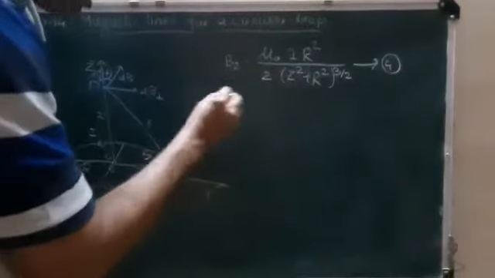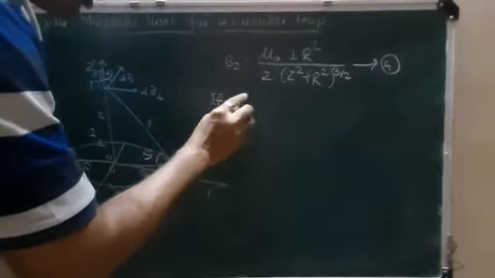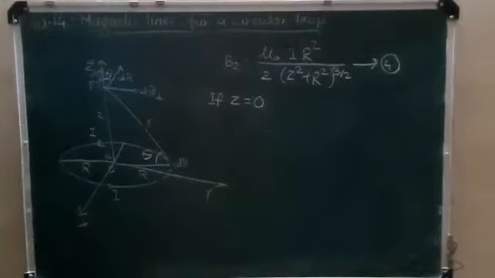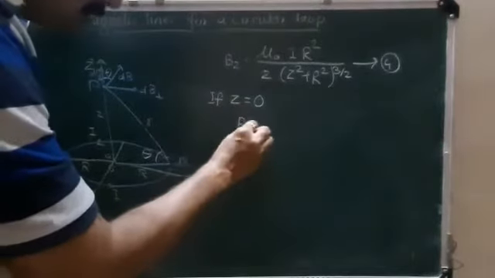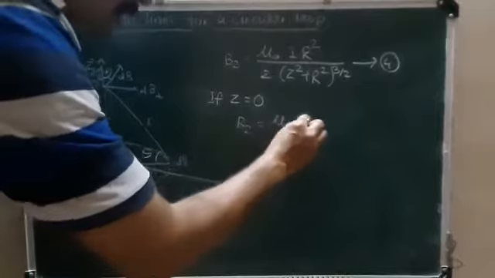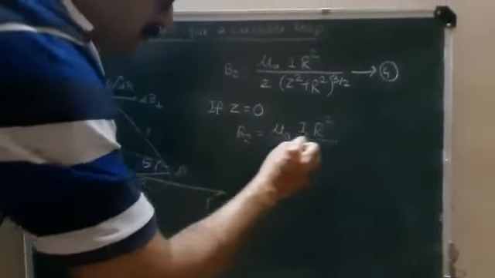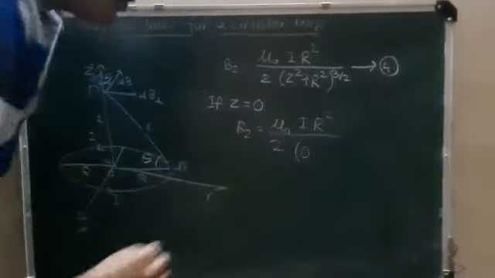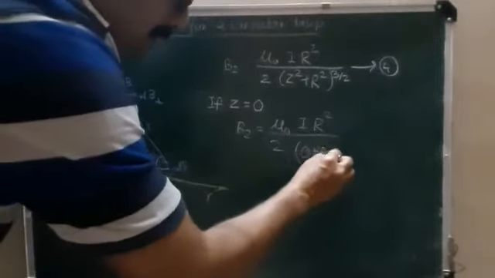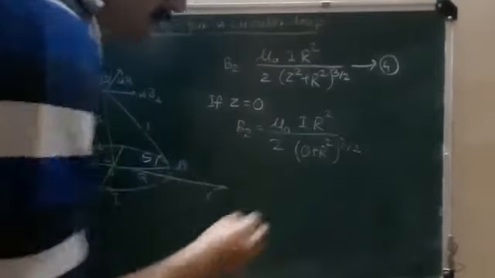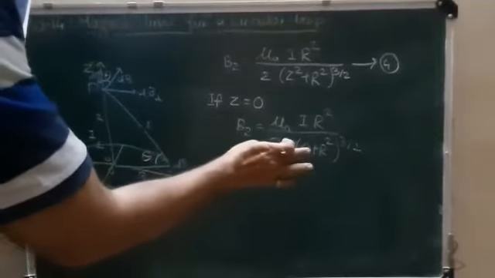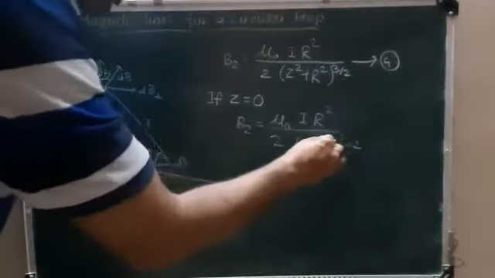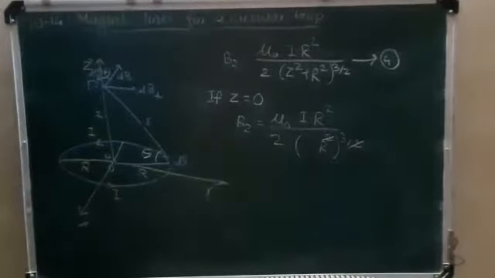If z is equal to 0 in this equation, then the equation becomes Bz is equal to mu 0 I r square upon 2 into (0 plus r square) raised to 3 by 2. The total answer will be r square, and then this r square and this square root get cancelled.